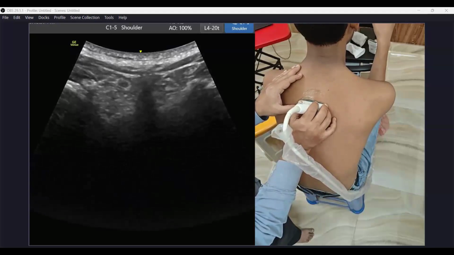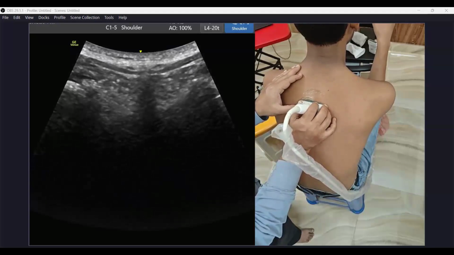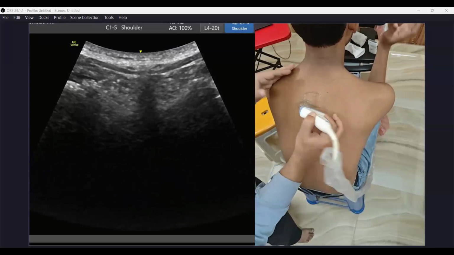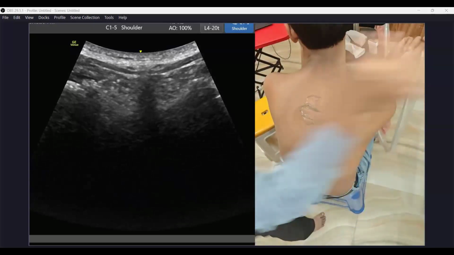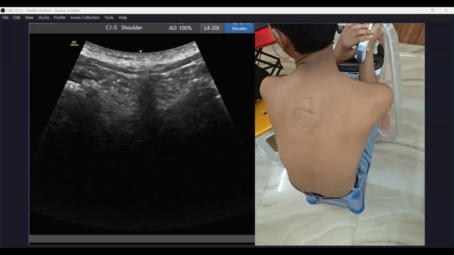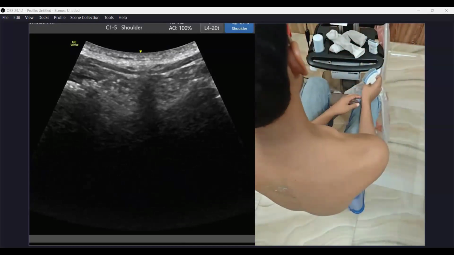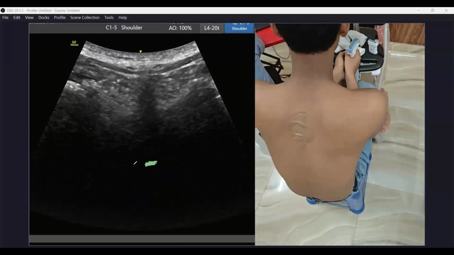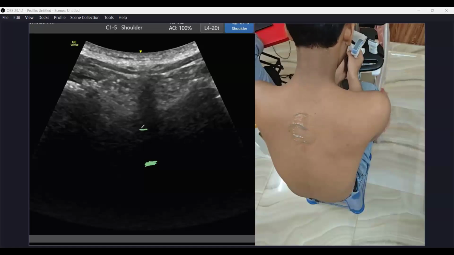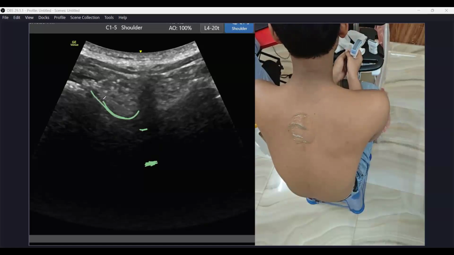Here one important thing is, freeze. Of course we cannot see it here, but sometimes in a thin patient we may be able to see the anterior complex, and here the posterior complex. Sometimes the posterior complex is not seen, but the anterior complex is seen. Since we are not seeing a straight line like this, it is an interlaminar view.